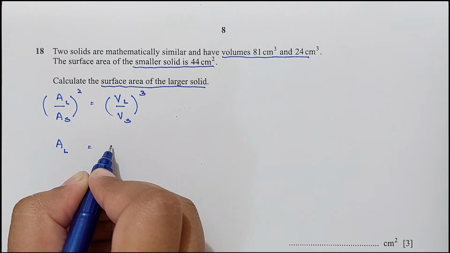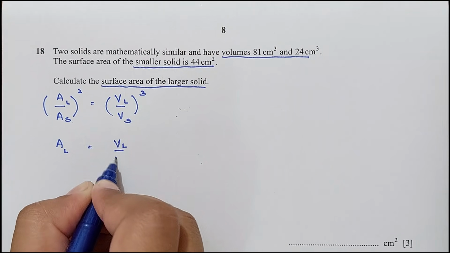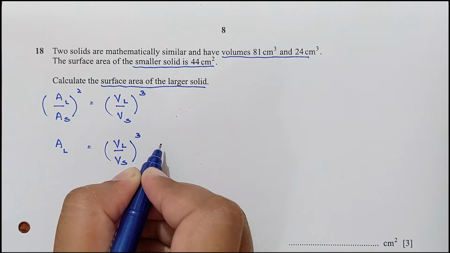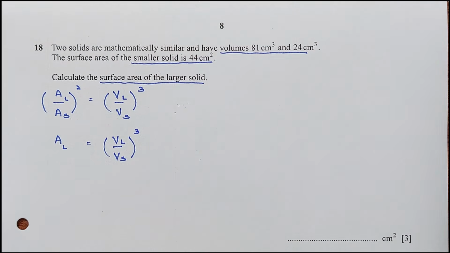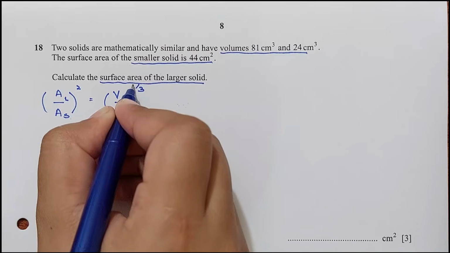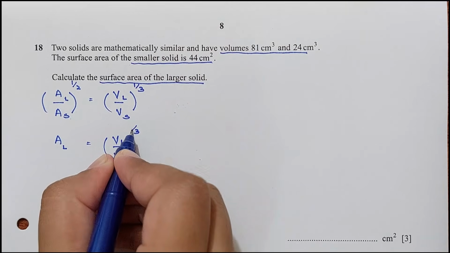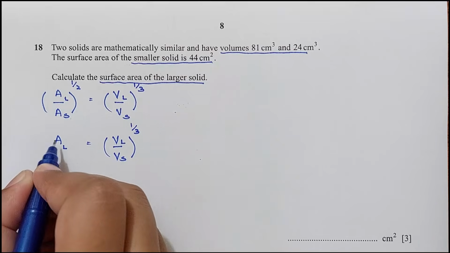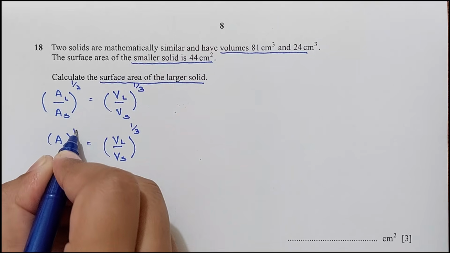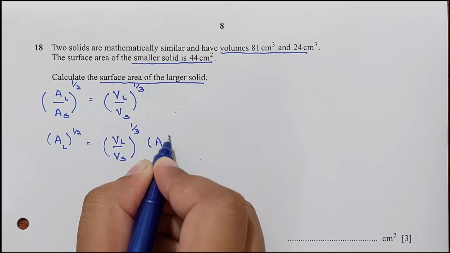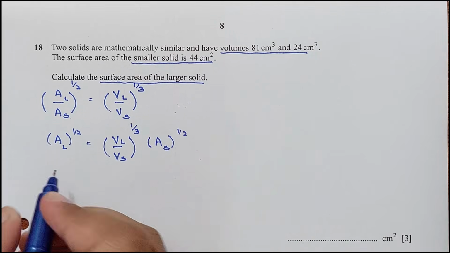We have to solve for surface area of larger. This would be equal to volume of larger over volume of smaller, its whole cube. And so this is cube root. For volume we are using cube root, and for area we are using square roots, right? And this is 1 by 2, and we have area of smaller to the power 1 by 2, right?